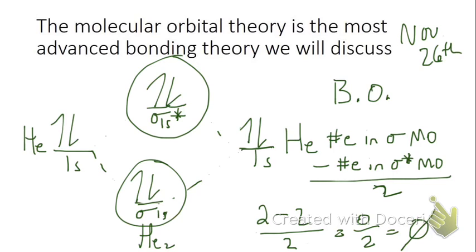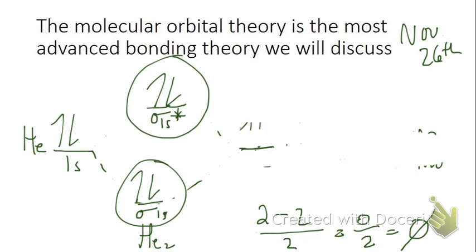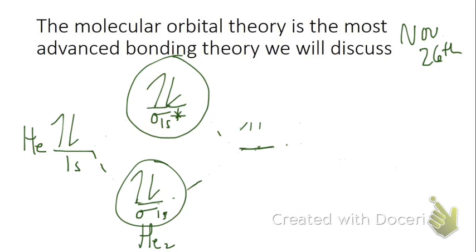I want you to do a little bit of an exercise, and I want you to try it yourself. If you have any questions, then please come see me. We'll talk about, in class, adding pi bonds to this. And again, use your book as well to help you out.